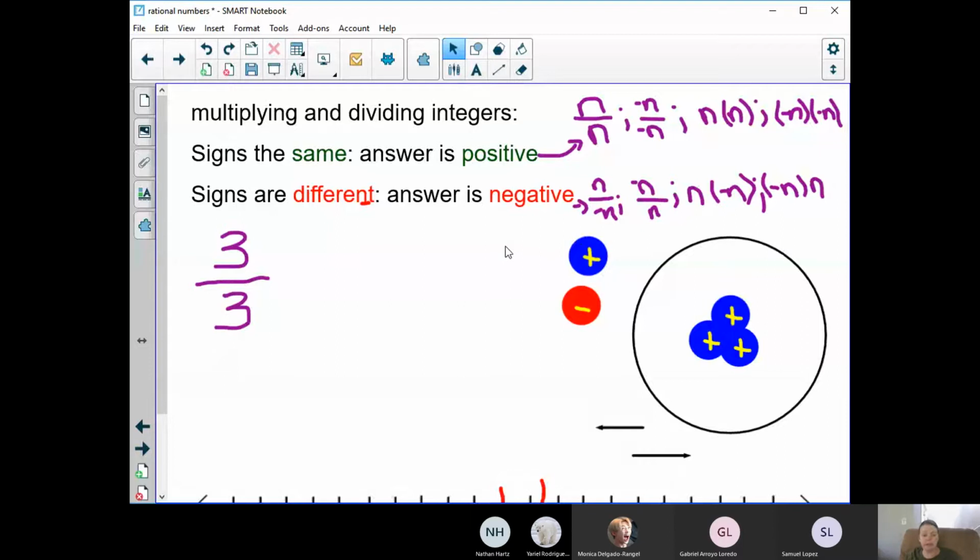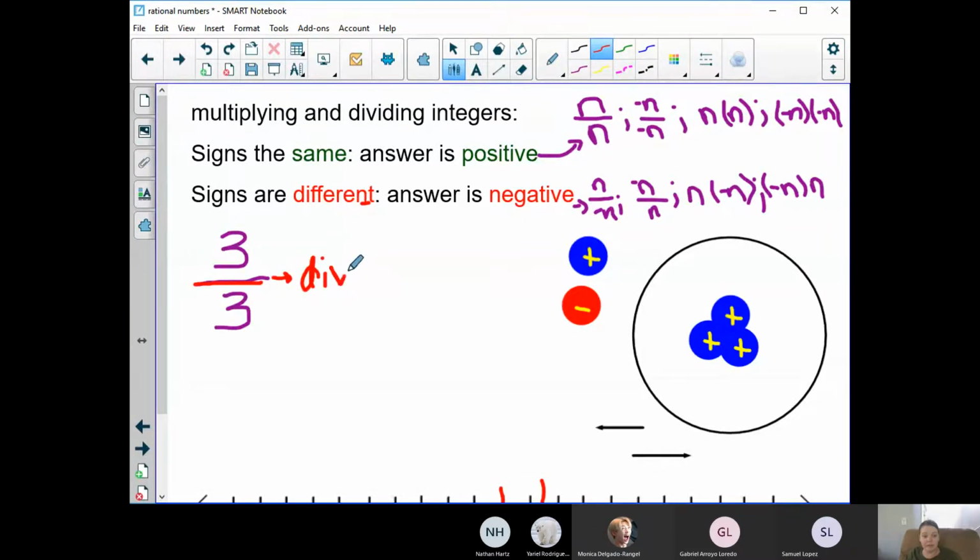So let's look at a few problems and how we can model these to help us solve the problem. The first one I have here is 3 divided by 3. Anytime you see a problem written like this, as a fraction, this bar between them means we're going to divide.